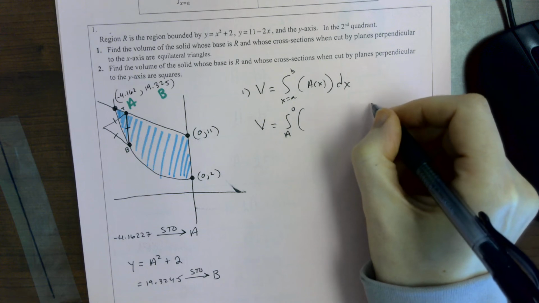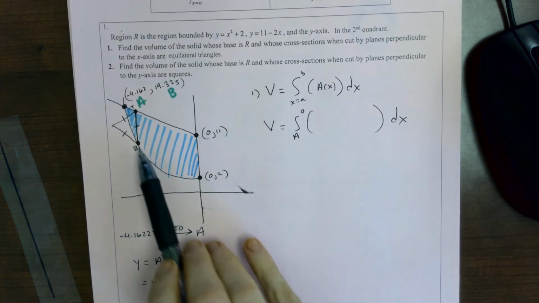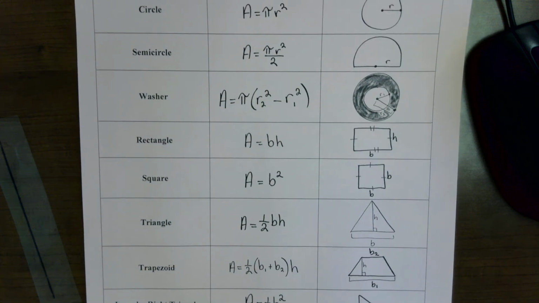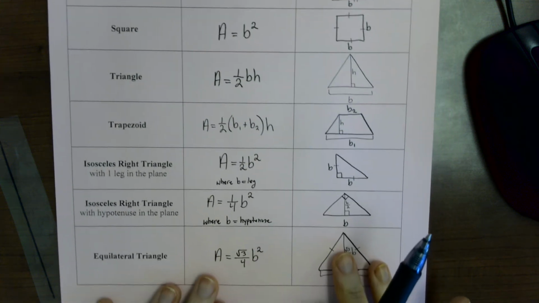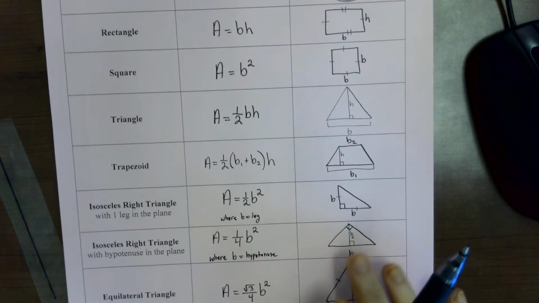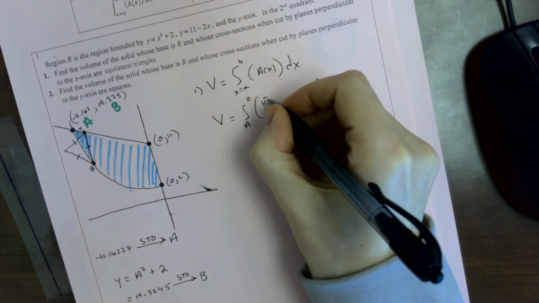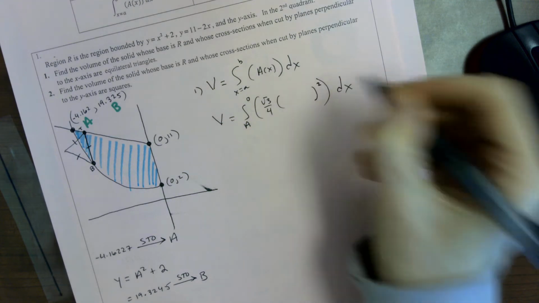Okay, now in here, I need to put the area of this equilateral triangle using top minus bottom. So here's all your area formulas. Equilateral triangle right here: radical 3/4 b squared.